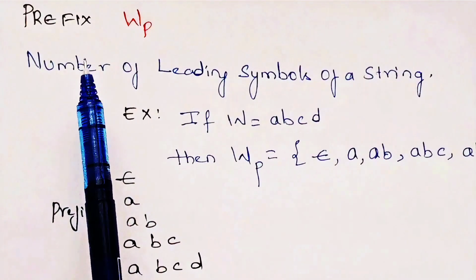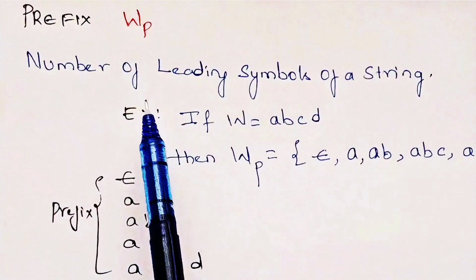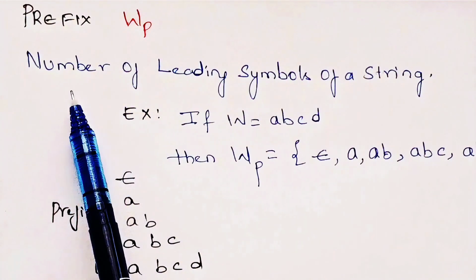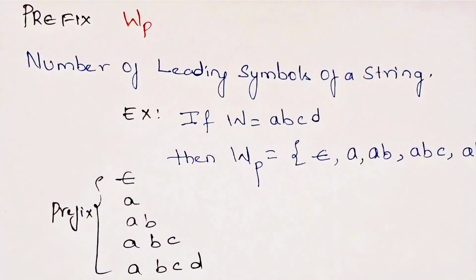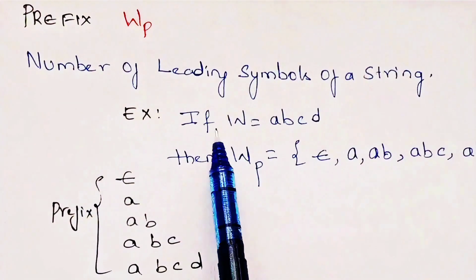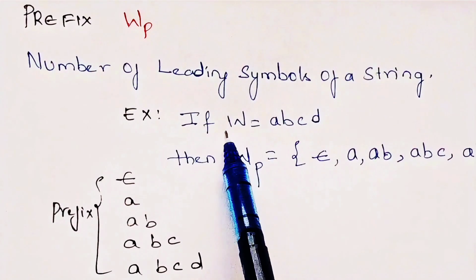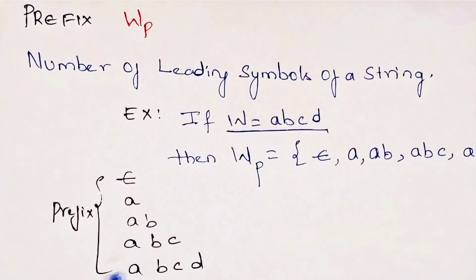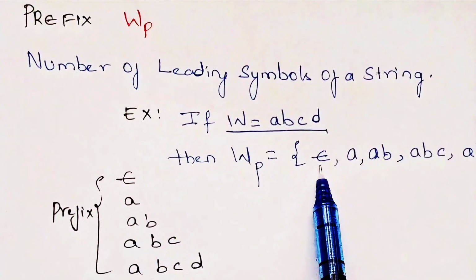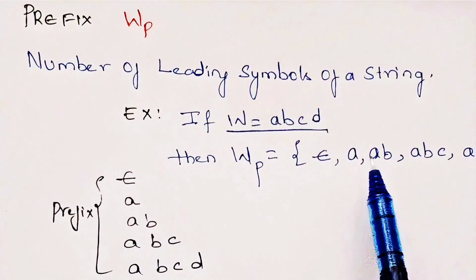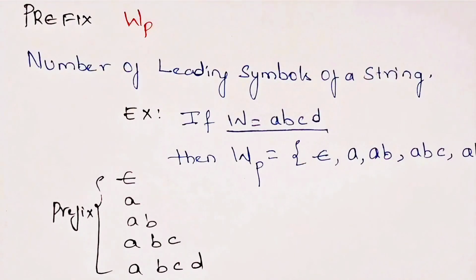Prefix of a string is denoted by wp. The definition is that it is the number of leading symbols or starting symbols of a string. Now let us consider the following example. Let us consider the input string as w is equal to abcd. Then the possible prefixes are epsilon, a, ab, abc, abcd.